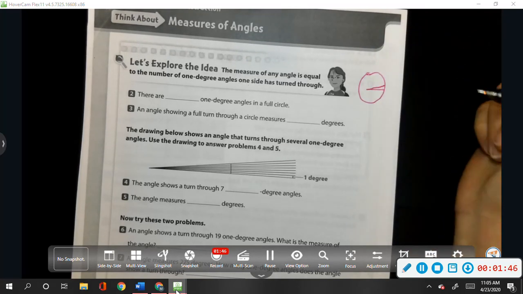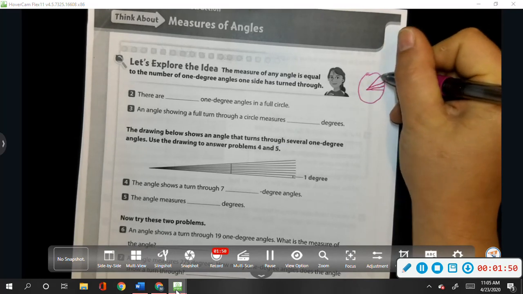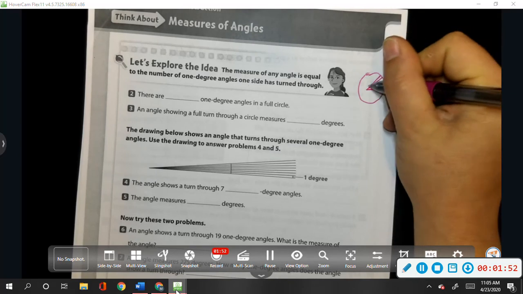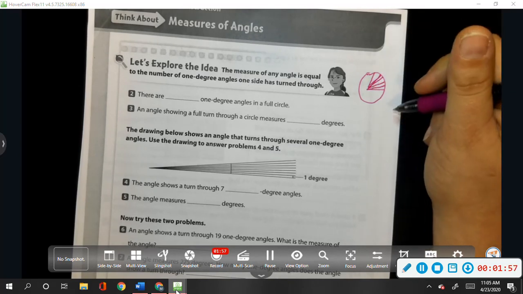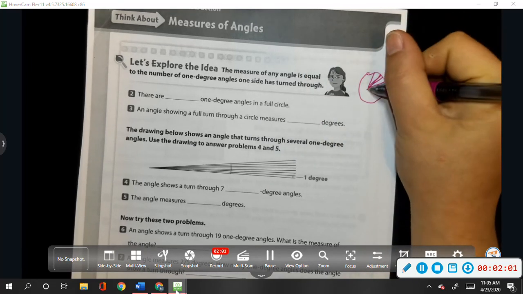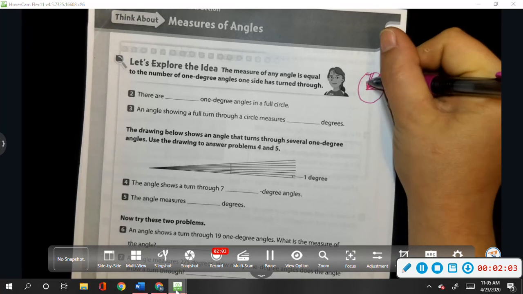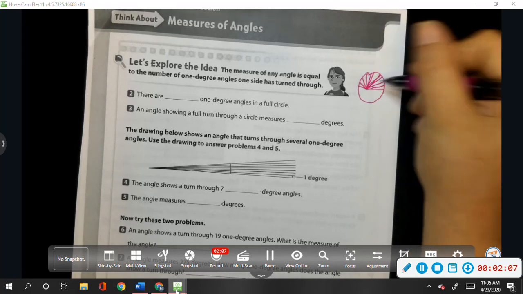Imagine that to be 1 degree angle. This would be a 2 degree, 3 degree, whoop, that's a little big, 3, 4, 5, so I could say that that angle was 5 degrees. That is how the angles turn in a circle. As they move through the circle, they move by 1 degree.